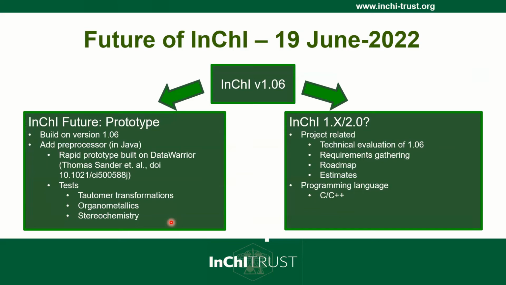The idea of the prototype is that a number of people can participate, so that we can already test quite a few things, like the tautomer transformations and the uniqueness behavior of the InChI once those transformations are run over those functional groups, before we have to fully implement it.